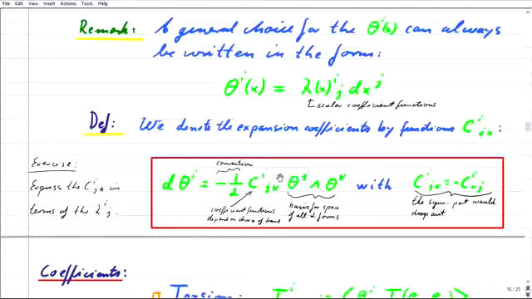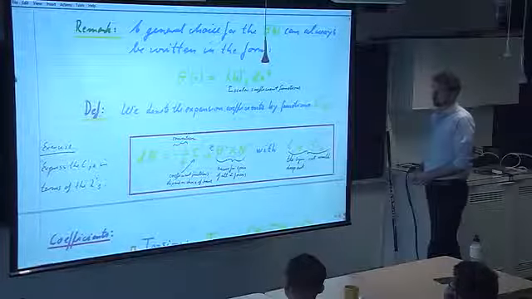The wedge product of the theta j and theta k span, of course, the space of 2 forms, and so there must exist some coefficient matrix that expresses the 2 form that you obtained by taking the exterior derivative of this basis in terms of that basis of the space of 2 forms.